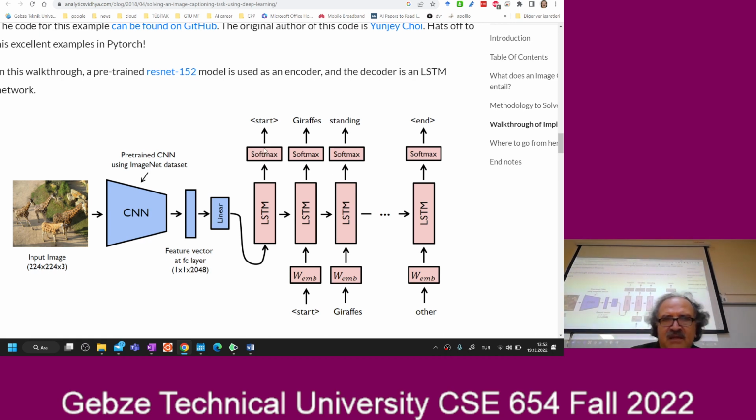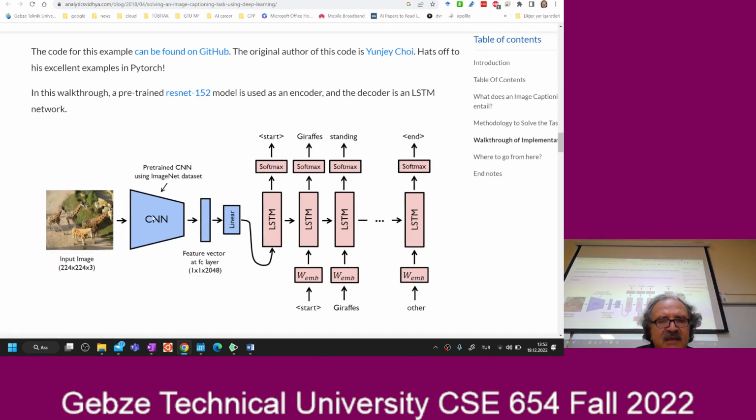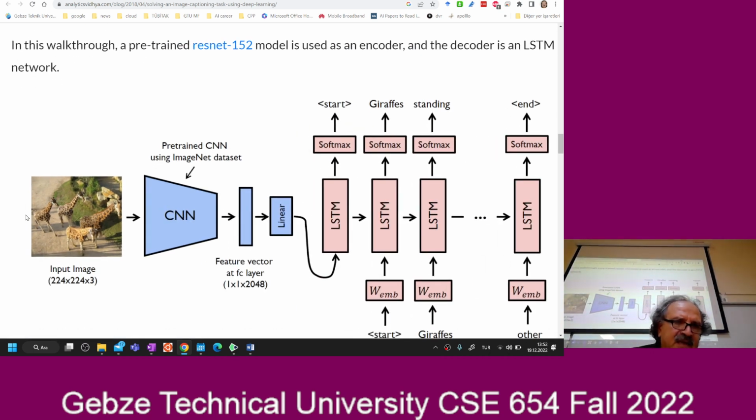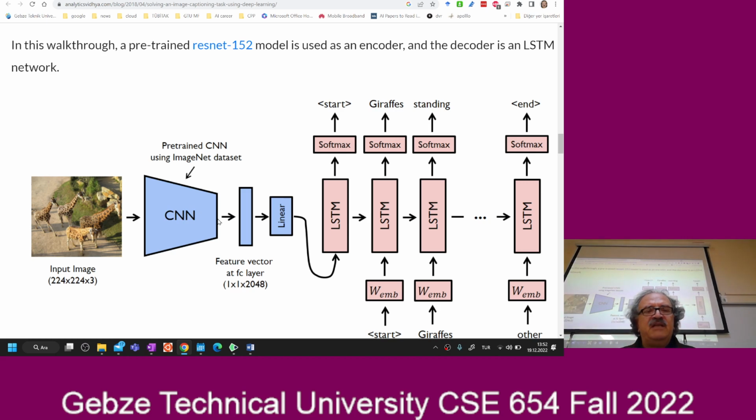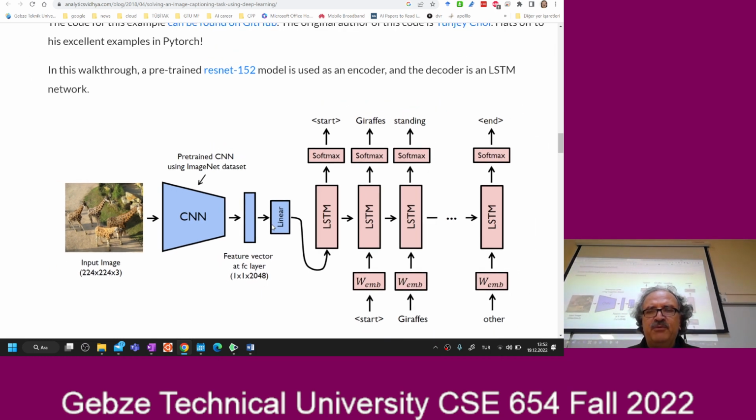See this one. What you are suggesting is the beginning of the sentence. The beginning of the sentence is here. So I train it this way: I get this image, I feed it through some kind of image classifier network, and instead of producing a classification result, it produces a vector, and I input that vector as my H0, and I say that this is your start.